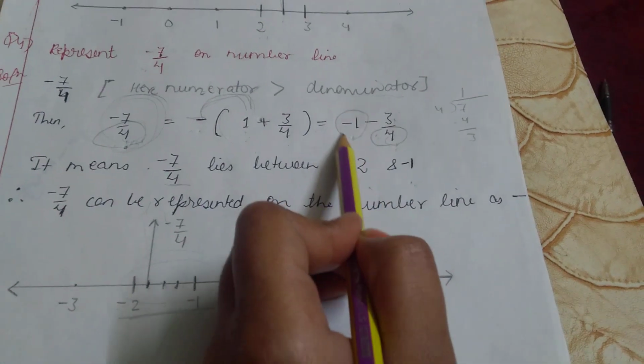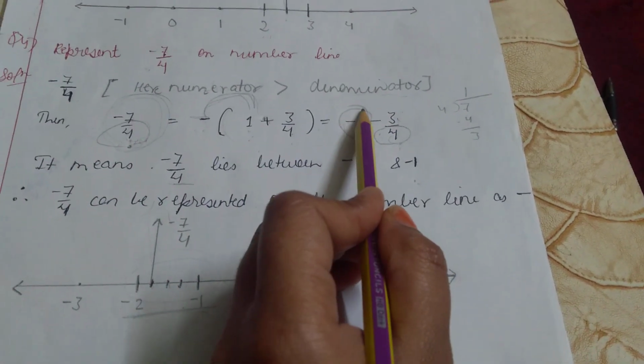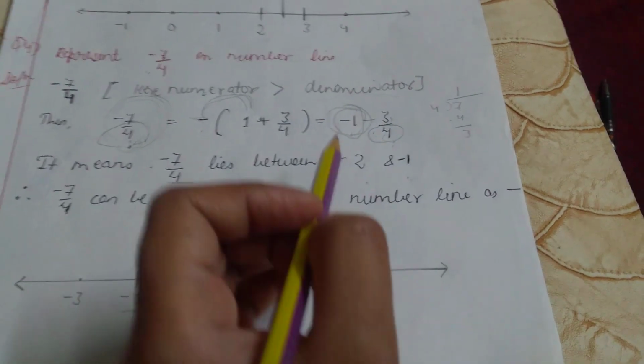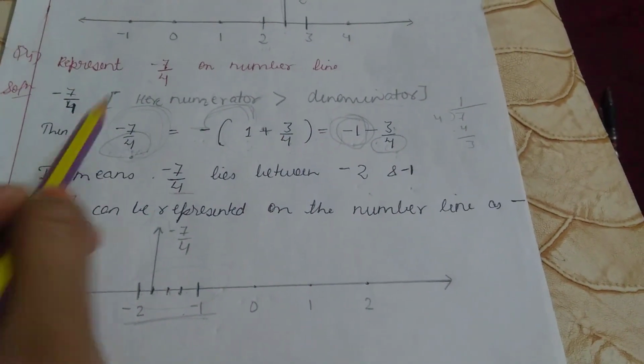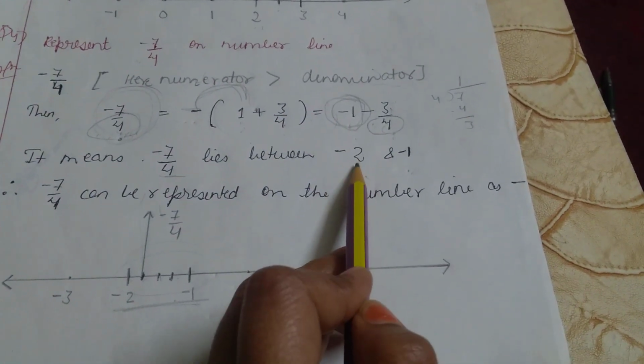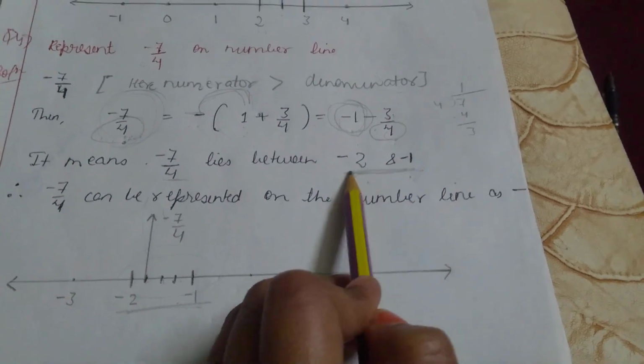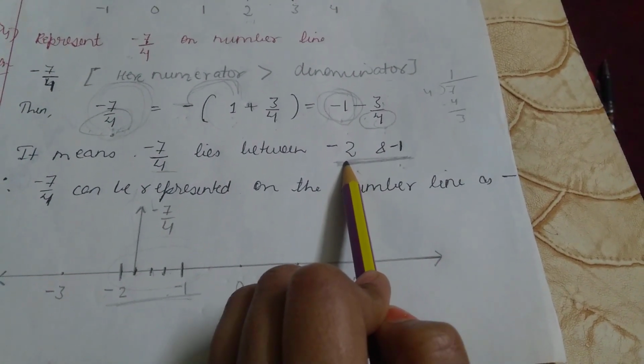It means minus 7 by 4 is less than minus 1 but it is greater than minus 2. It means it will lie between minus 2 and minus 1.